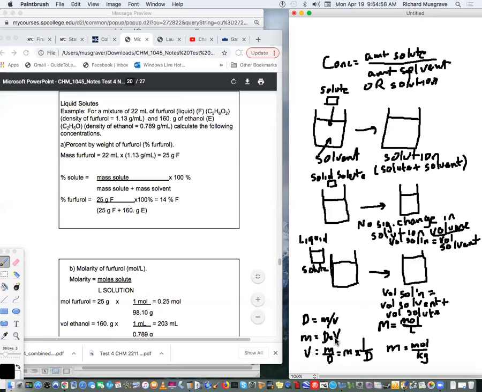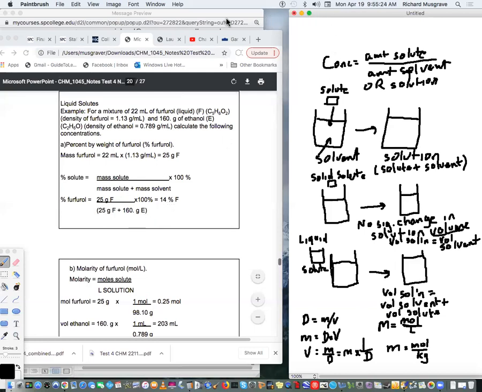So mass here is density times volume, because I started out with a volume here, which gave me 25 grams of furfural. That's what gets put into the equation here, 25 grams on 25 grams plus 160. And the 160 grams is the grams of ethanol here. That's going to be the solvent. And now we need to calculate that concentration. It comes out to be 14%.